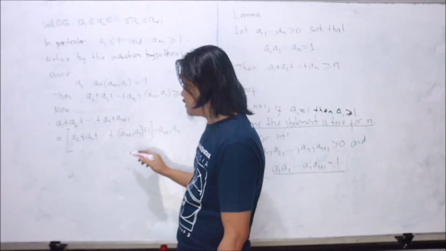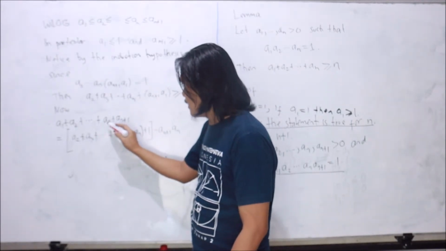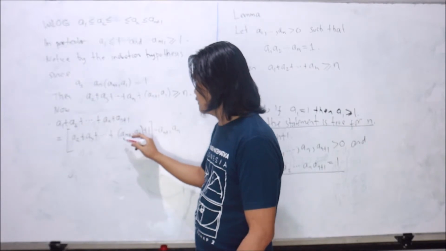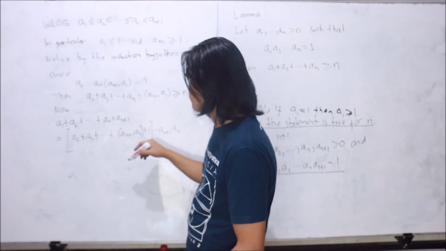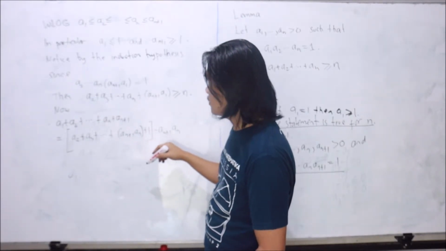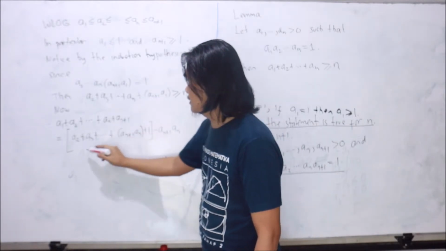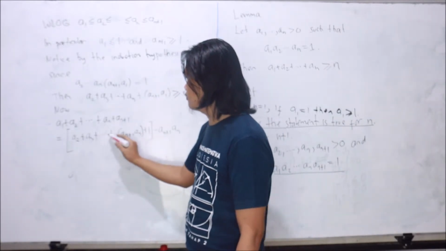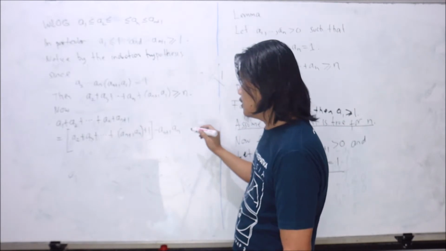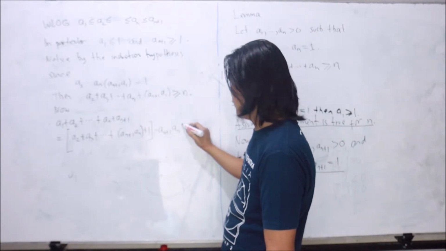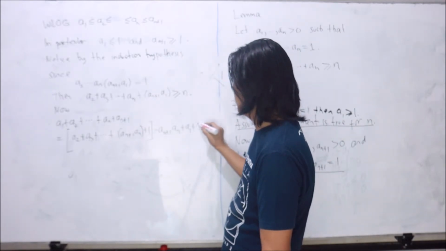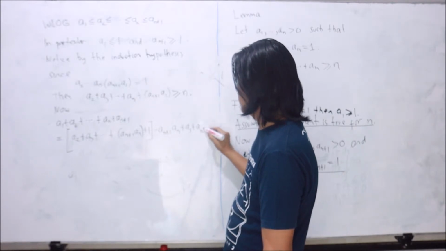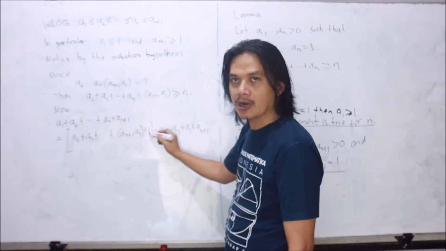And then we don't have a1 and an plus 1 in here, because this is a2 up to an and that one. So we need to add back a1 and an plus 1, and then we need to subtract 1.